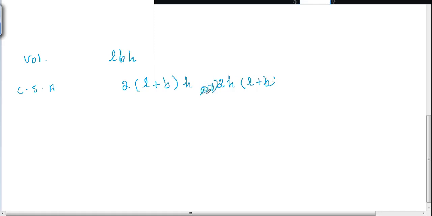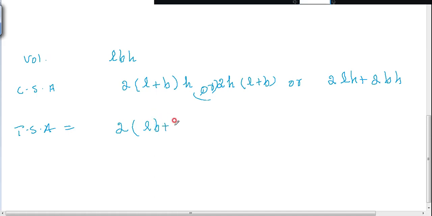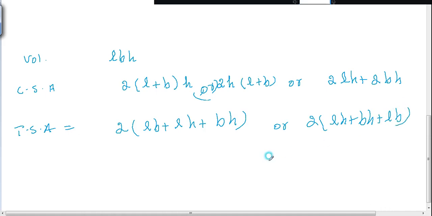Otherwise, 2LH plus 2BH. Total surface area is nothing but 2 into (LB plus LH plus BH). Otherwise, 2 into (LH plus BH plus LB).